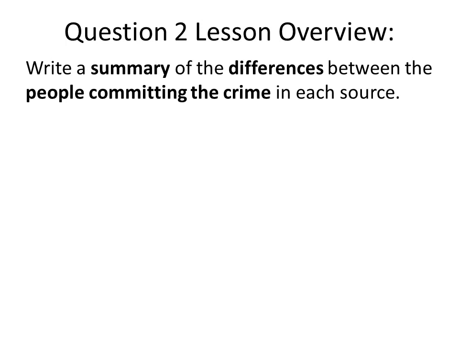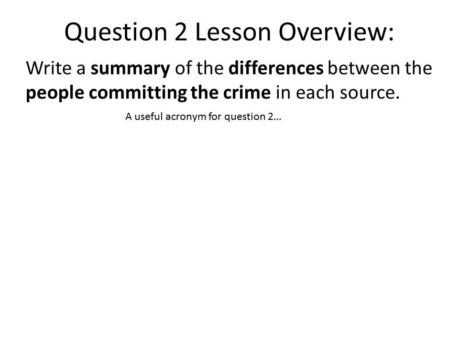Okay, so an overview of question 2 and the learning that hopefully has taken place during this session. The question was, as you know, write a summary of the differences between the people committing the crime in each source.